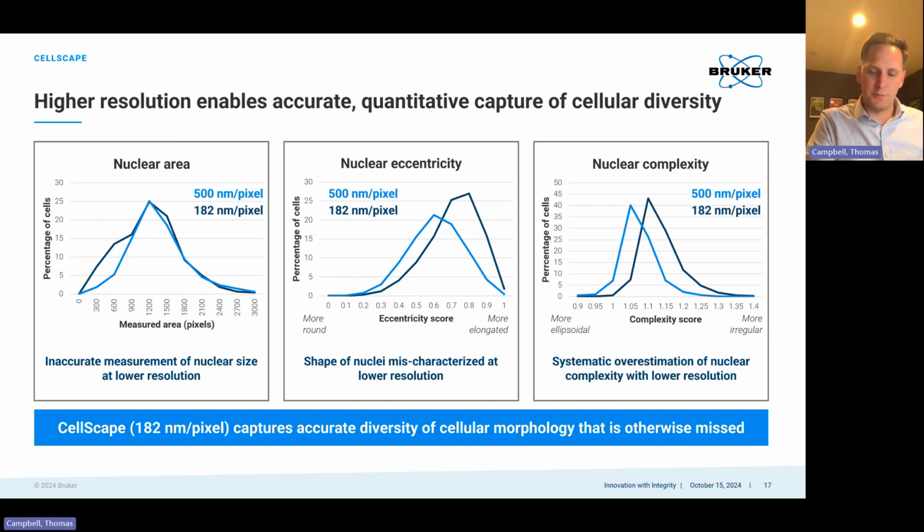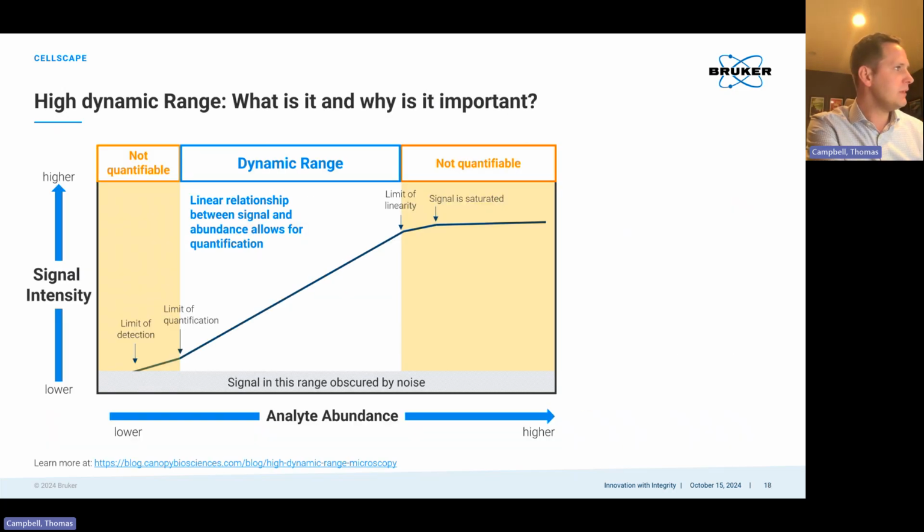And the reason that this is really important is that cell segmentation is the very first step in your analysis pipeline. So if there are errors in your cell segmentation, then they will kind of permeate all the way through all of your downstream analysis. So this really highlights sort of the importance of resolution in your multiplex images.